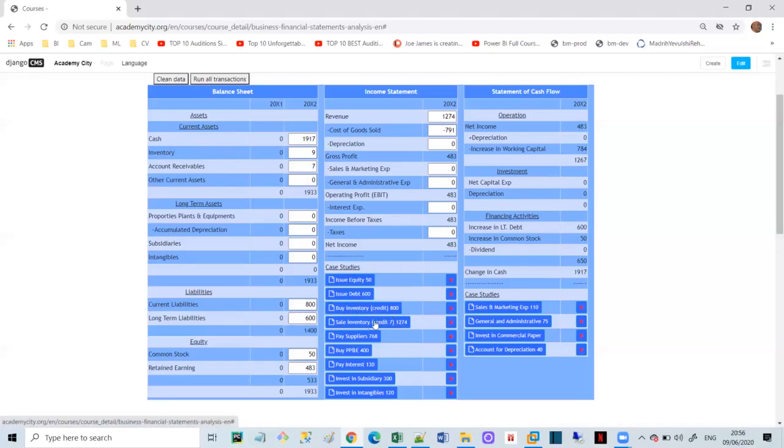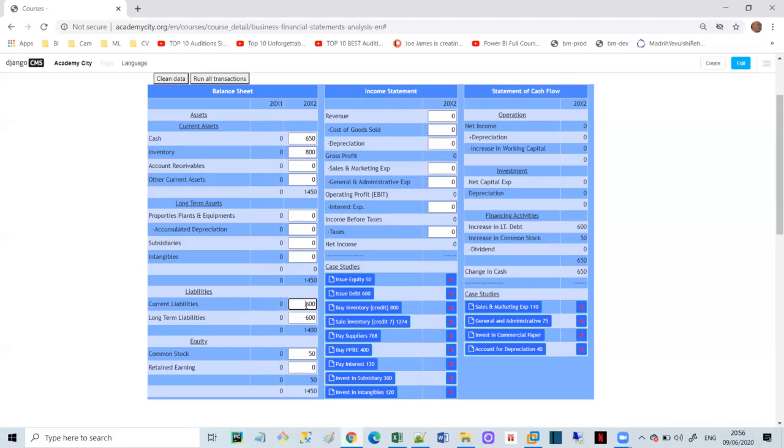So let's see, before we did this transaction, how much was the working capital? Before, I'm not including the cash, so it will be only inventory. That's the only thing I have in the current assets. So it will be 800 minus 800. My working capital was zero before this transaction.